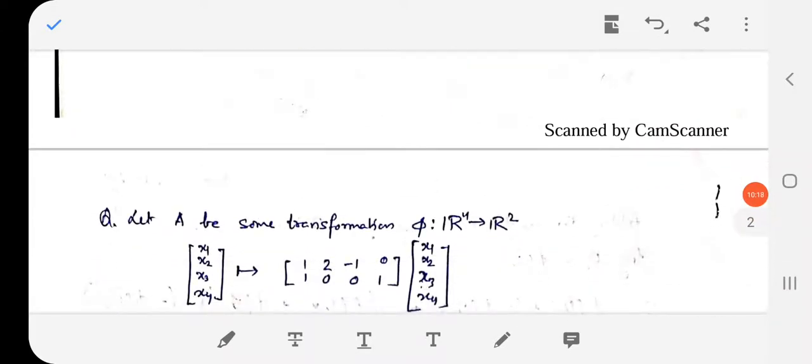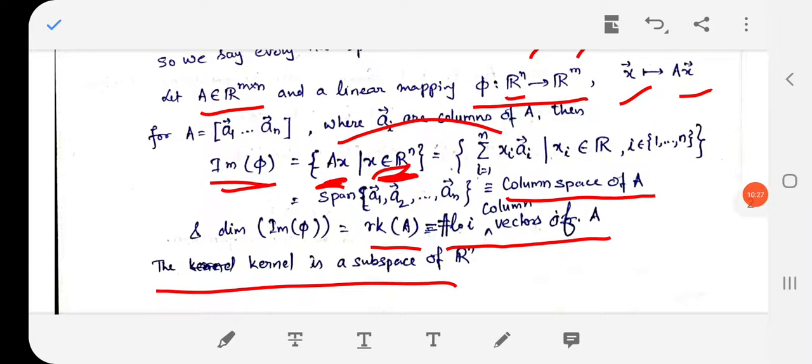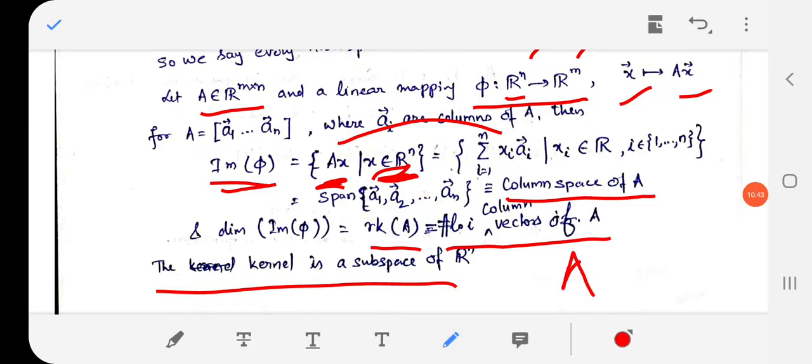And we know, if you are talking about the kernel of this mapping, then we are referring to the free variables, because the free variables are responsible for making the non-trivial solutions to Ax = 0.